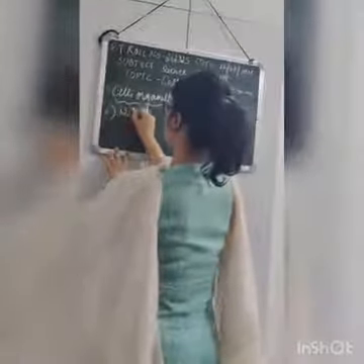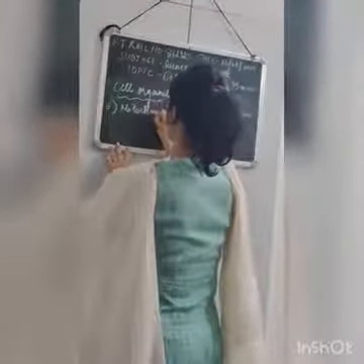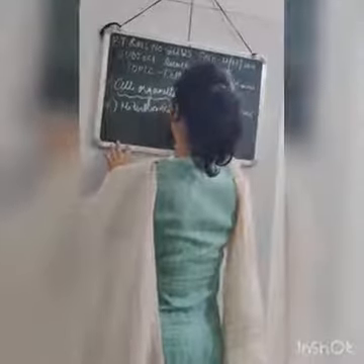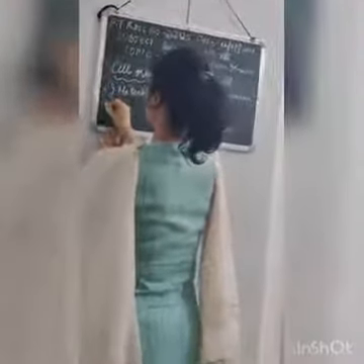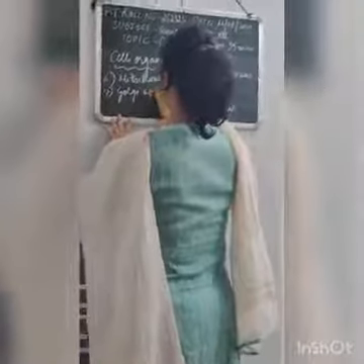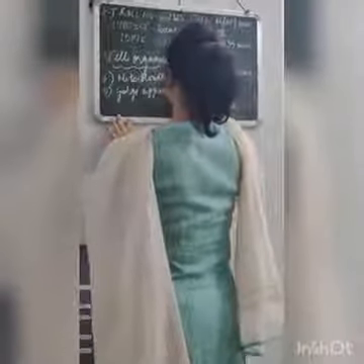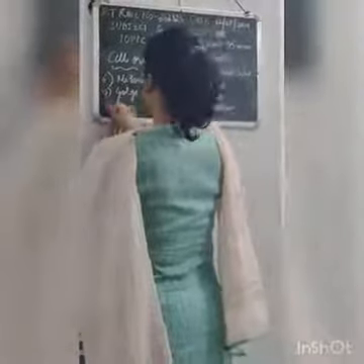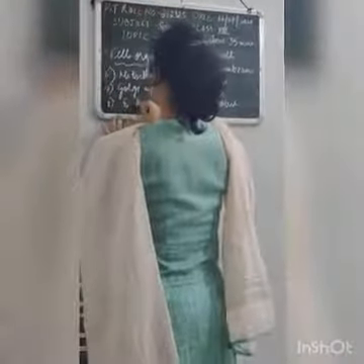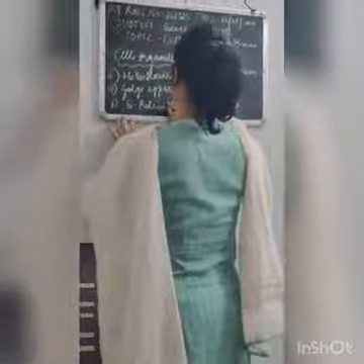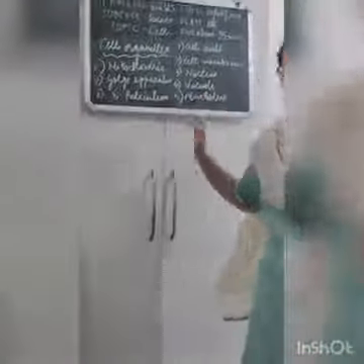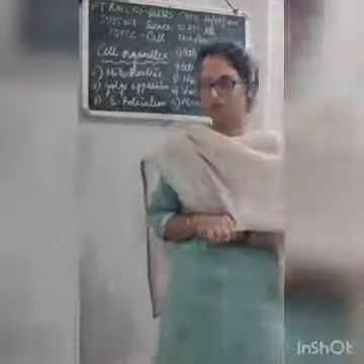Another cell organelle that we studied was mitochondria. Then we have the Golgi apparatus. We also have the endoplasmic reticulum. So these are the basic cell organelles that we have to study today.